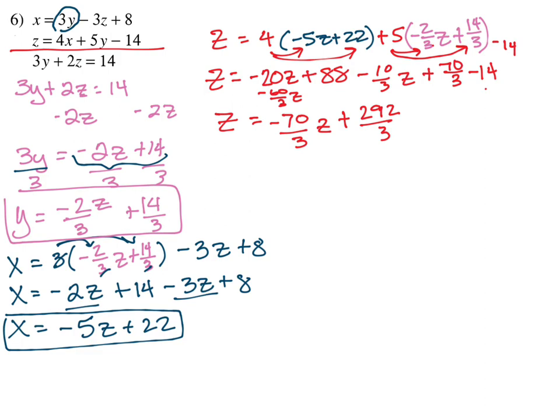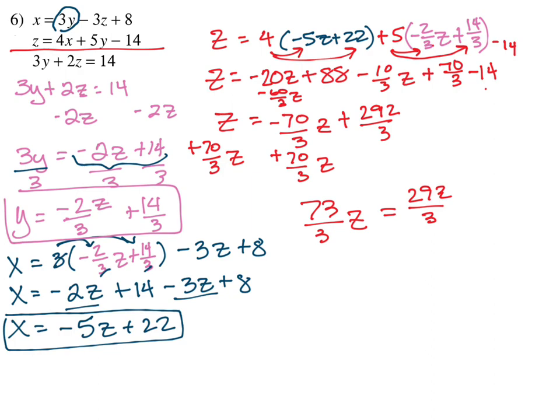Okay, so we've got to move this z piece. So we're going to add 70 thirds to the other side. What's on this other side? 1z. So how else could I call 1 so that I could add 70 thirds? 3 thirds. 3 thirds plus 70 thirds makes 73 thirds z is equal to 292 thirds.